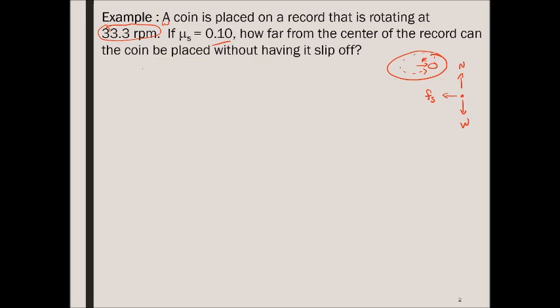So then we do force balances, sum of forces in the x direction, or we call it sum of forces in the centripetal direction, is equal to m a_c. And we need to pick a form for our a_c. Remember that a_c is equal to omega squared R or v squared over R. So in this case, we're given something that looks very much like omega.